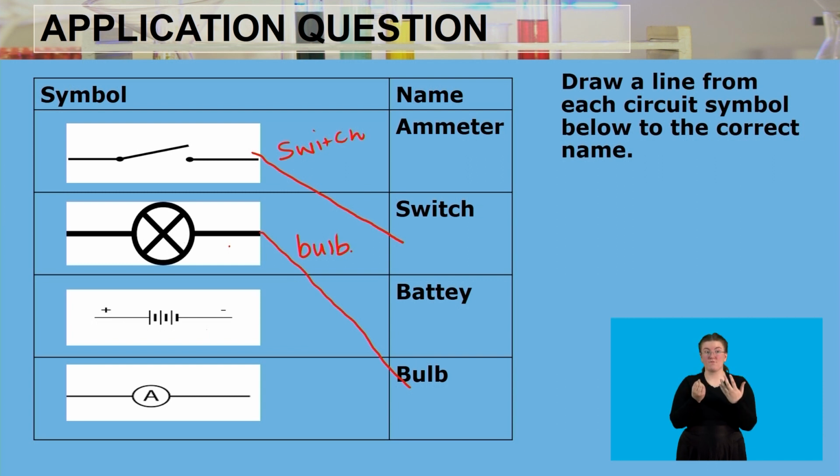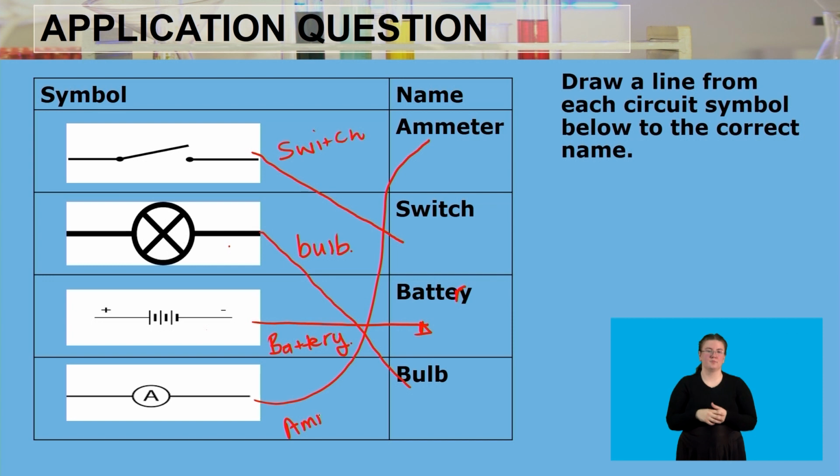If it's more than 1, it makes a battery. So that means this is a battery. So it goes with that. I can write there that this is a battery. So then the last one is the ammeter, because everything else is taken. So obviously the last one is an ammeter. That's the symbol for ammeter, which is A. I can also write there that this is our ammeter.